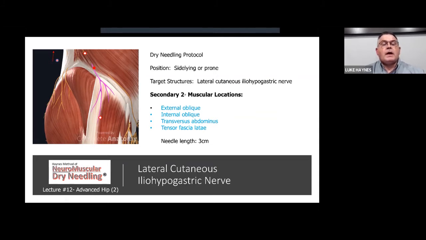If you recall, that's the position in sidelying. Pinch that together between the iliac crest and the lowest rib, and needle through those muscles there. Since we're in this location, we'll also needle into the tensor fascia lata and the IT band itself to elicit a change there.